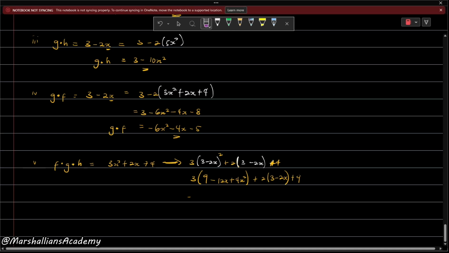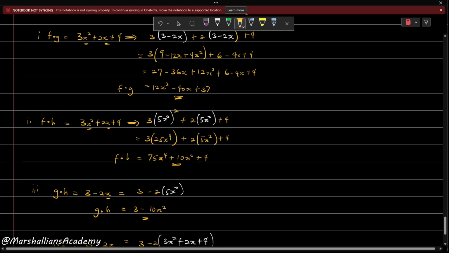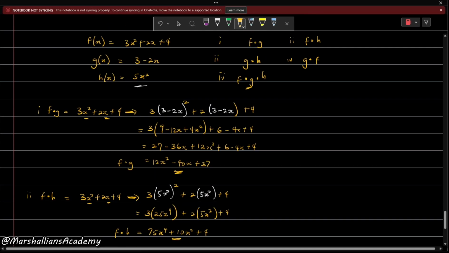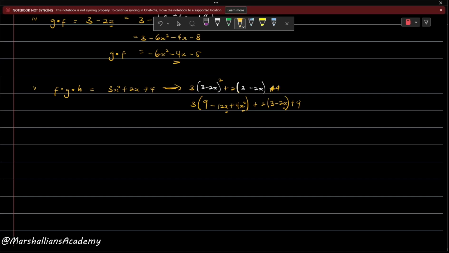Now let's start putting in every x value in this function. Let's start putting in H's function. What is H's function again? 5x squared. So I'm going to be having, watch this, 3 into bracket 9 minus 12 into brackets, I'll put it in green, 5x squared.